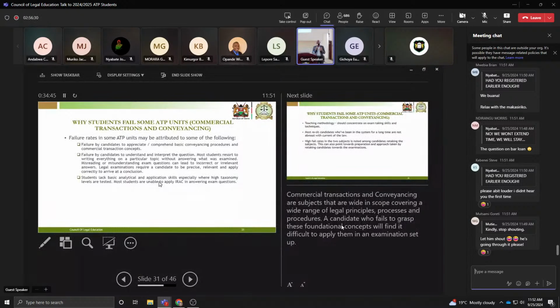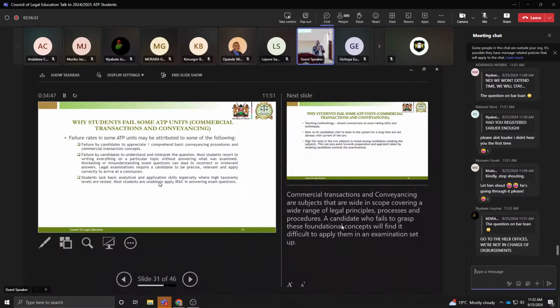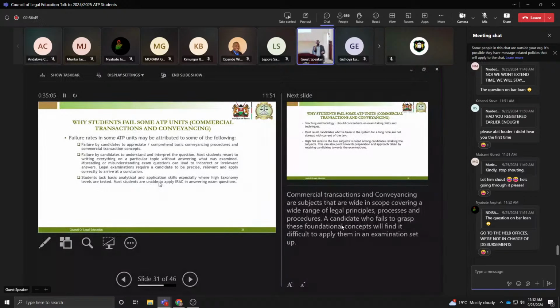Candidates sitting for those papers for the first time have pass rates of up to 60%, and sometimes even 70 and 80%. But for those who are resitting, we have had situations with very low percentages in those two papers.